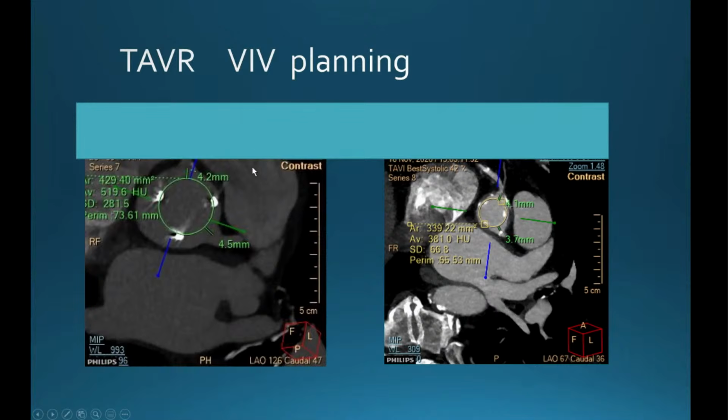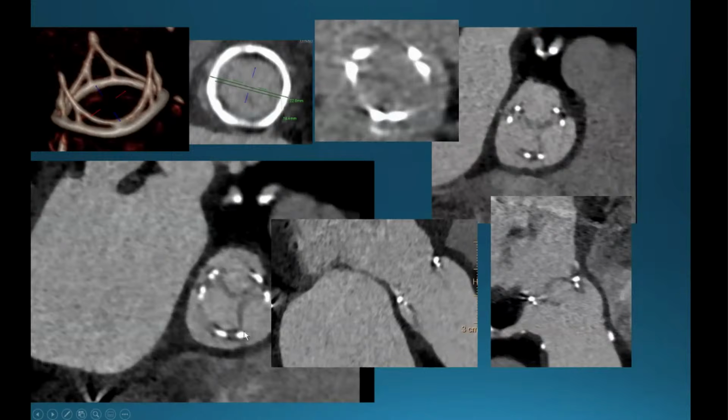Essentially, the patient has a failed bioprosthetic valve and is high risk for redo surgery, so the surgeon or interventional cardiologist will try to deploy a new transcatheter valve in there. So this is a quick case, a patient with a bioprosthetic valve.